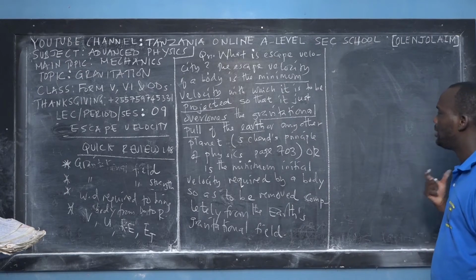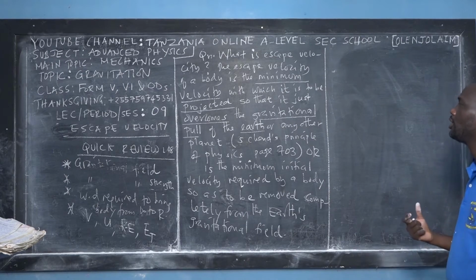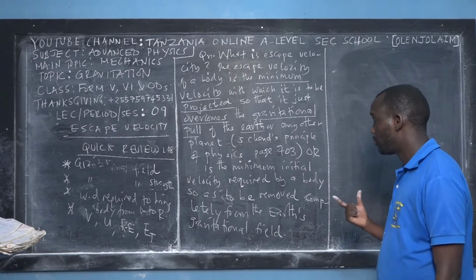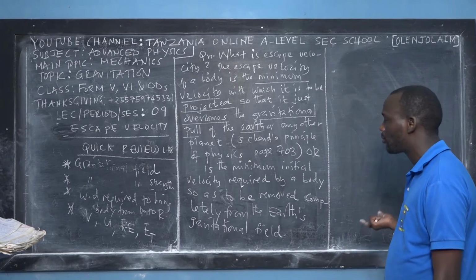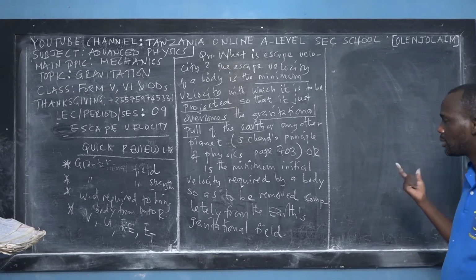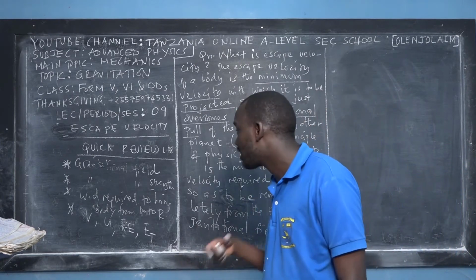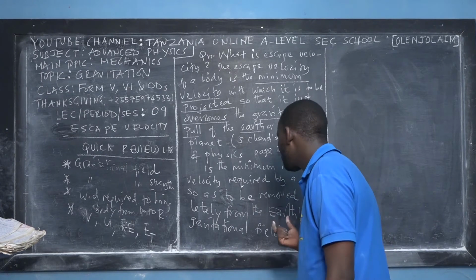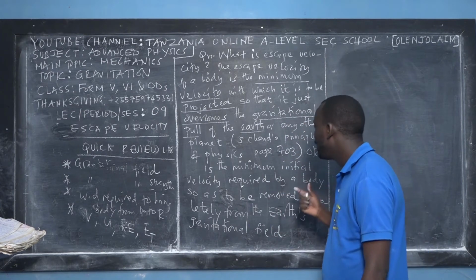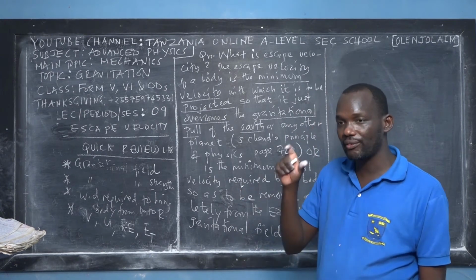So this is the minimum velocity required by a body to be projected from the Earth's surface, or from a certain planet, so that it overcomes the gravitational pull, because the Earth provides a gravitational pull to any body within its gravitational field.